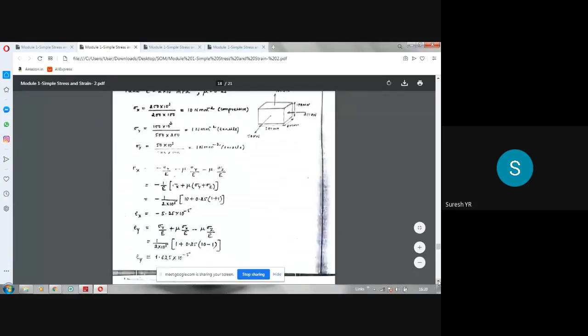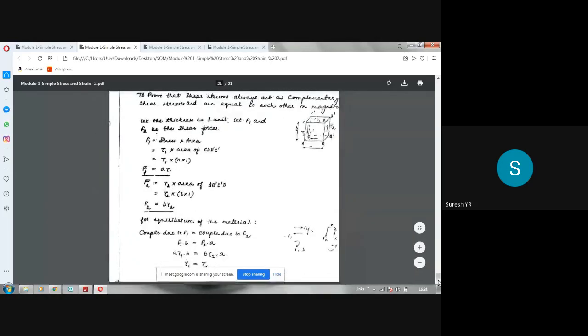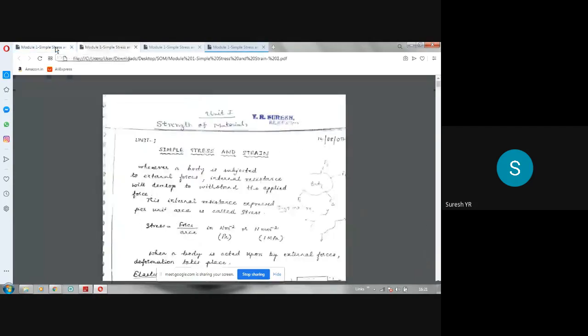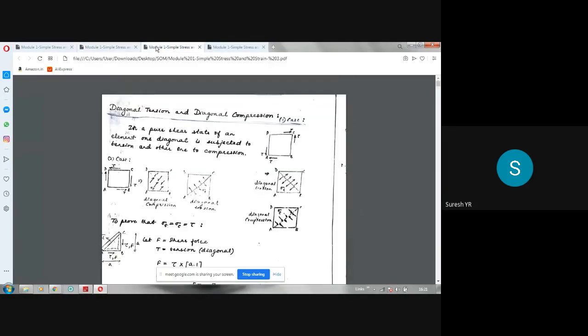Then some problems I did using that generalized Hooke's law. Then after that, temperature stresses, I think I covered. Yes, that is there. Diagonal tension, diagonal compression, and temperature stresses.